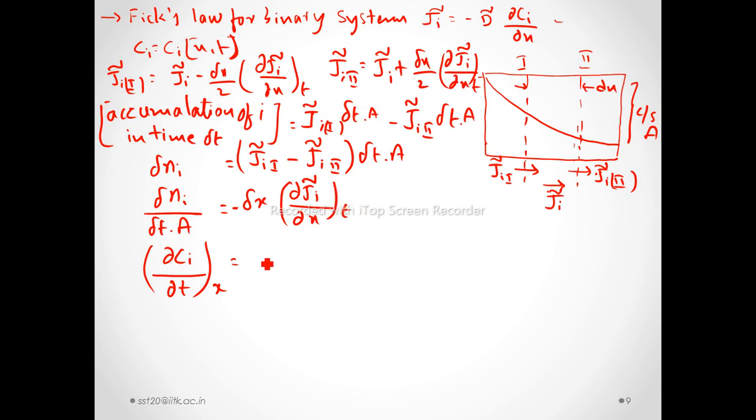Then this side remains with the negative sign, dou j tilde divided by dou x with respect to t. Then this is known as the continuity equation.